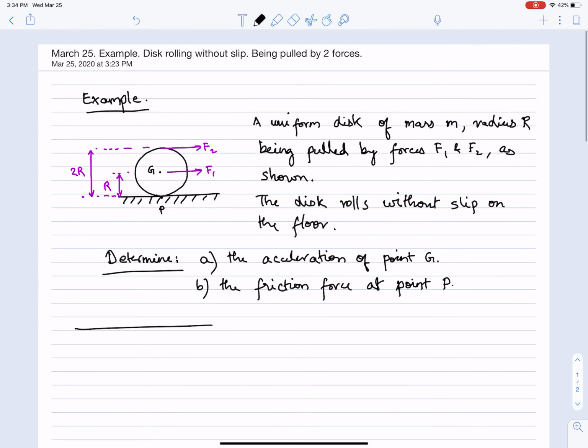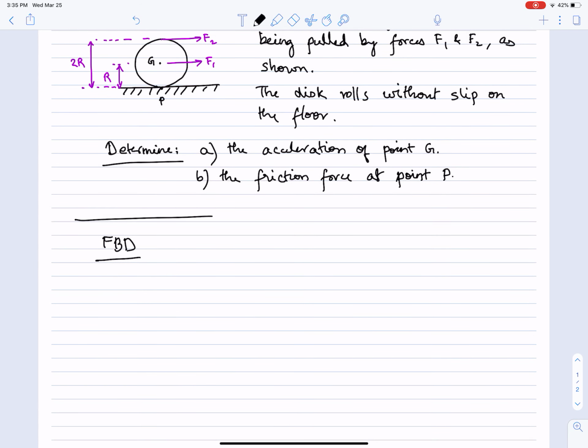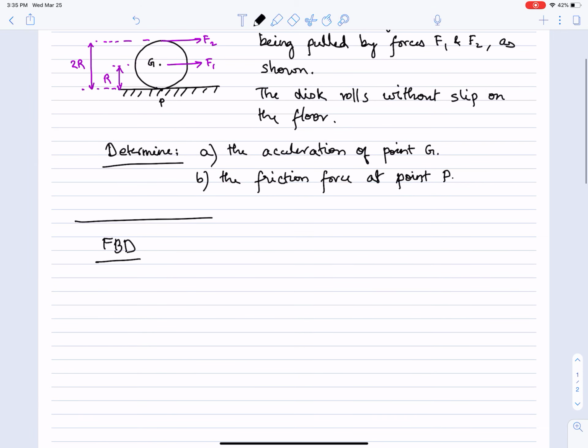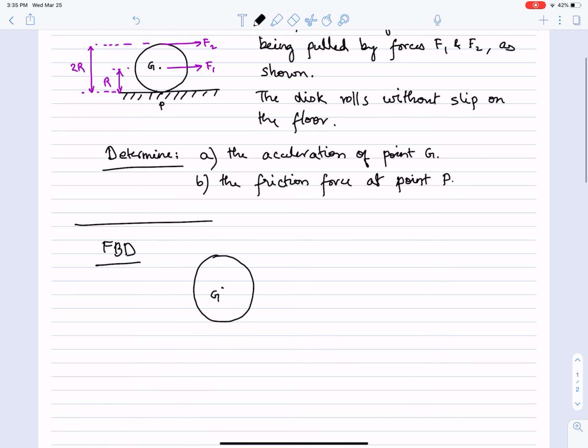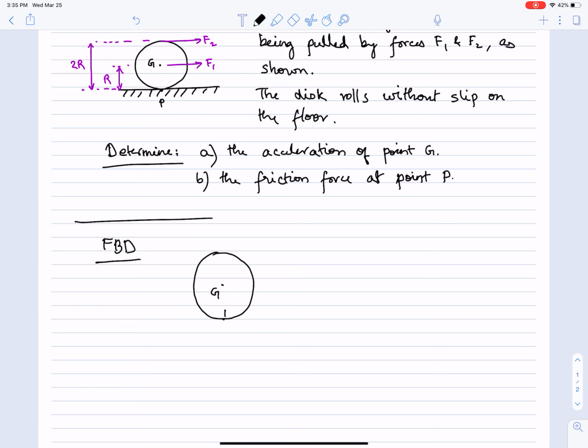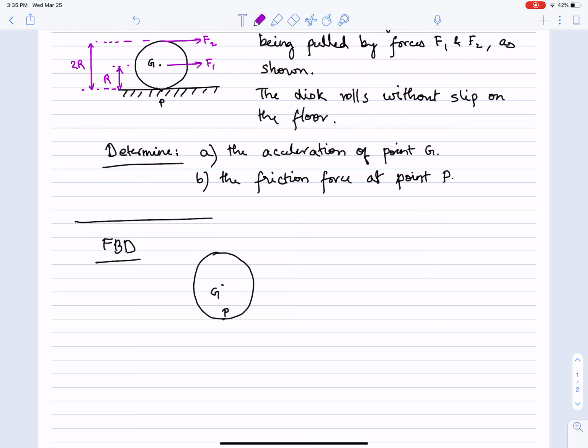Okay, what's the first step? The first step is always draw the free body diagram. So let's draw the free body diagram. That's a circle. That's point G. We have point P. Let me just use a different color for the forces.